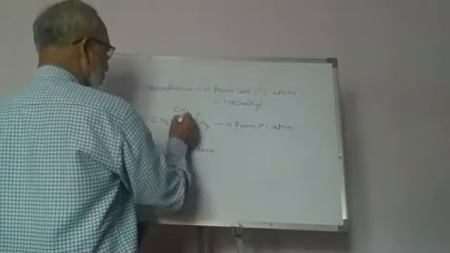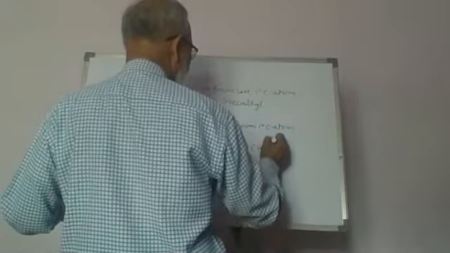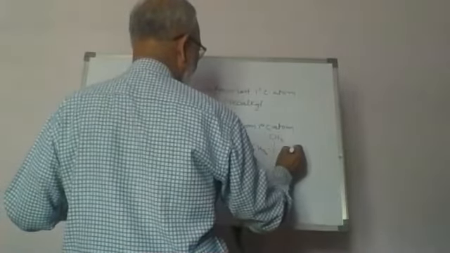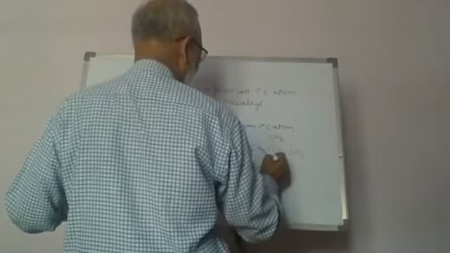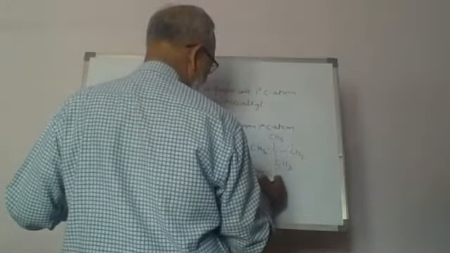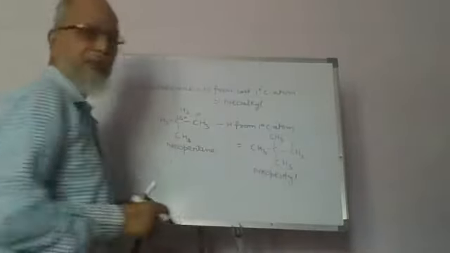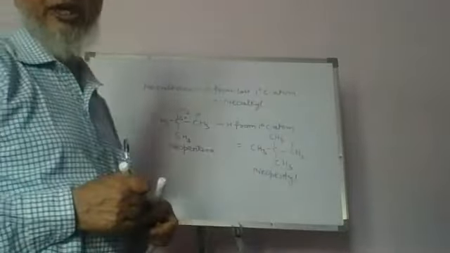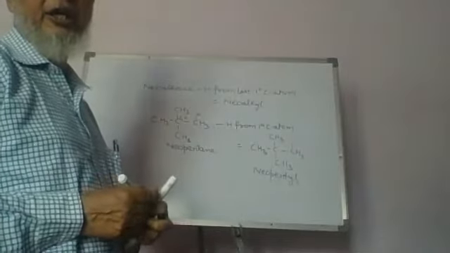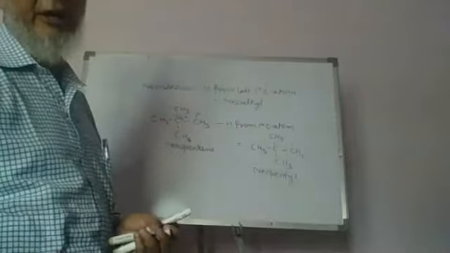This is quaternary. This will become CH3, CCH3, CH2, CH3. This is a neopentyl. If you attach Cl with the free valency of the carbon atom, it will become neopentyl chloride. If you attach Br, neopentyl bromide, and likewise neopentyl iodide.